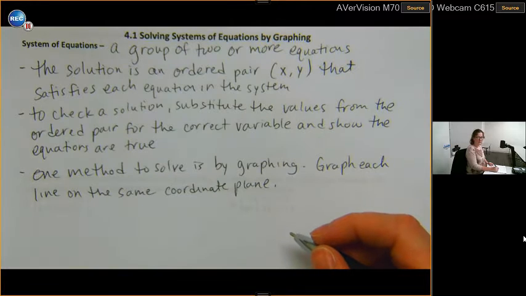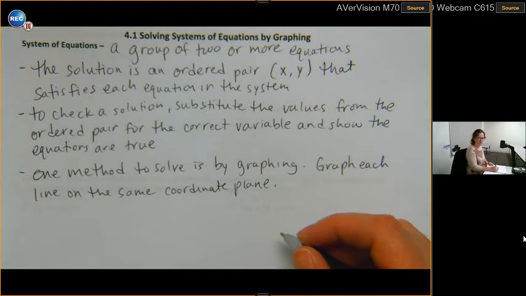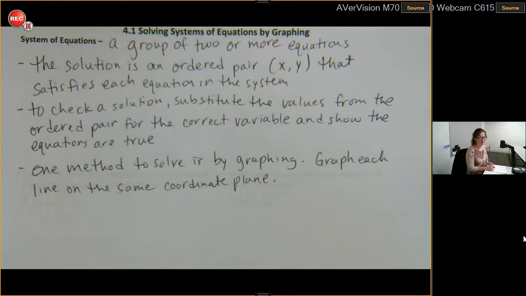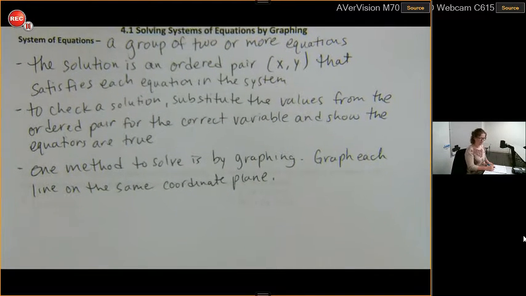Now I'm going to say that the solution is the point or points at which the lines intersect, because we'll talk in just a little bit about what happens if the lines intersect each other in more than one point.